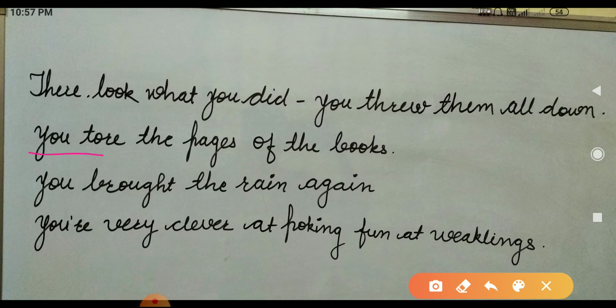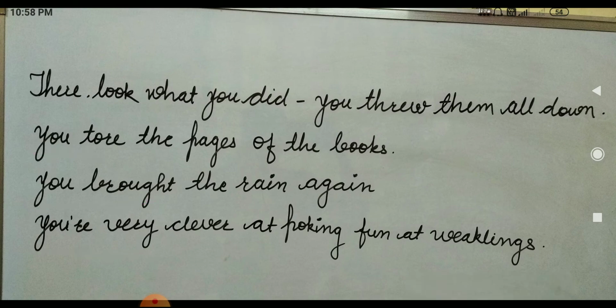To the wind. You brought, you are clever. So this you suggests that the wind is personified in this poem, meaning the poet treated wind as a person. So these lines are following the figure of speech, that is personification.